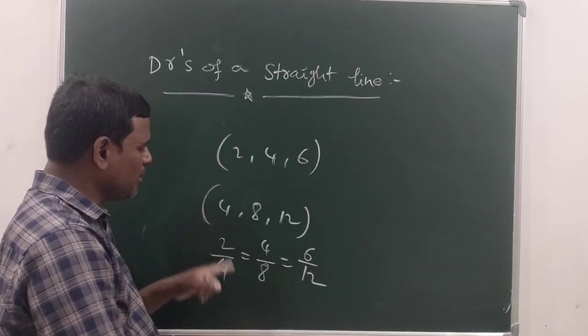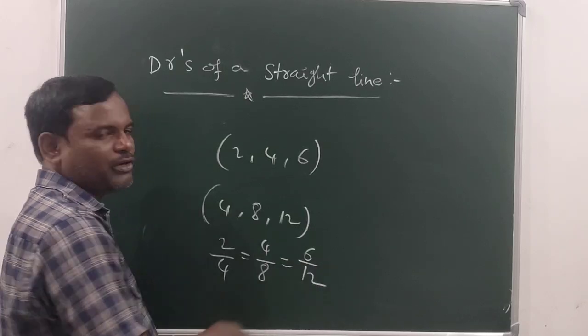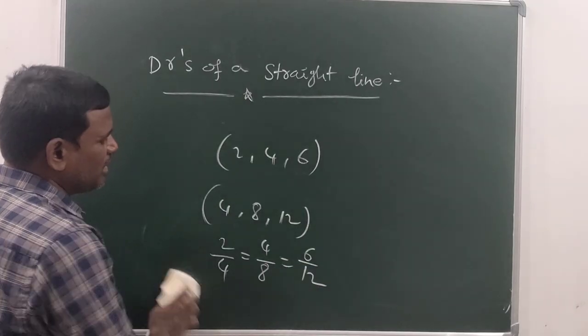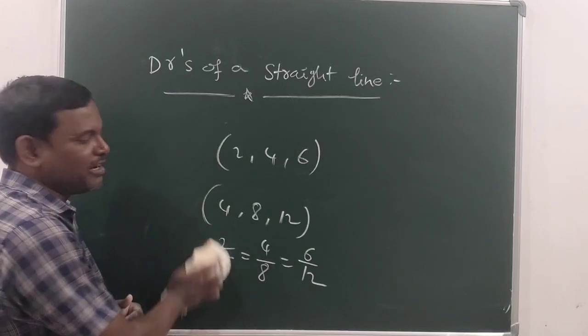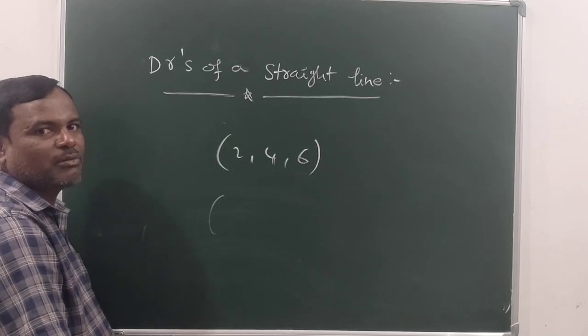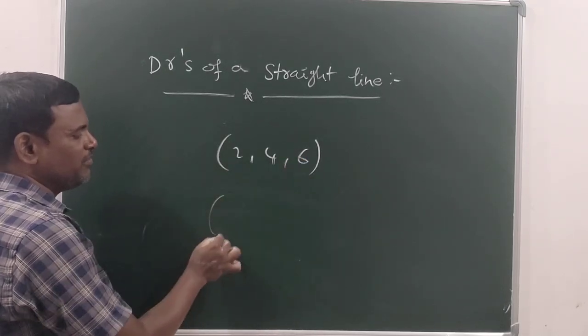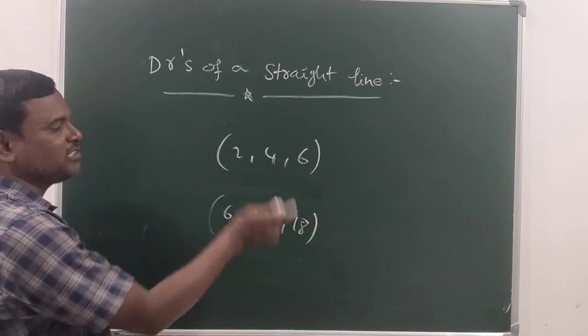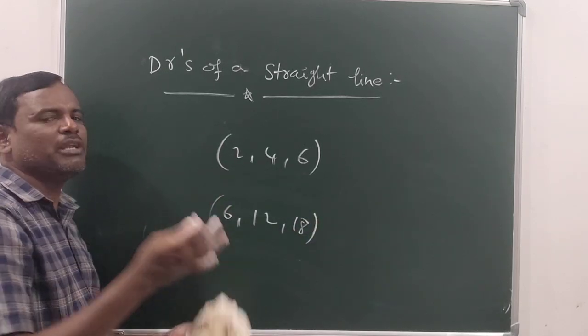So like that you can draw many more whose ratio is 1 by 2. Like many more proportional values you can write. For example, take a ratio as 1 by 3, multiply all of them with 3: 6, 12, 18. These are also direction ratios of this. Like many more you will get.